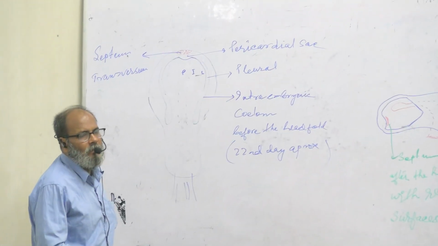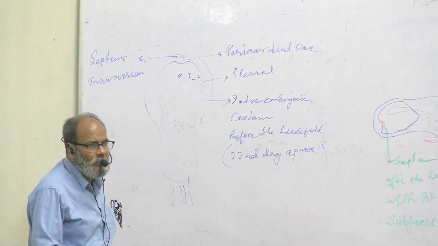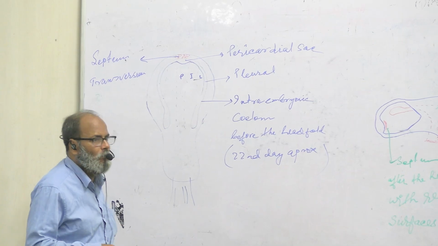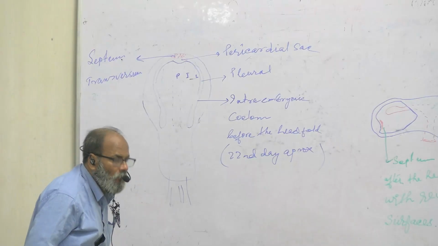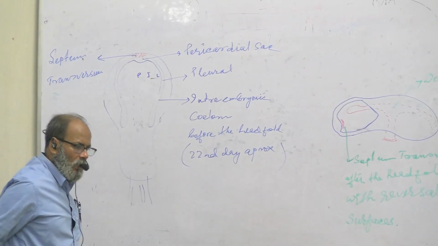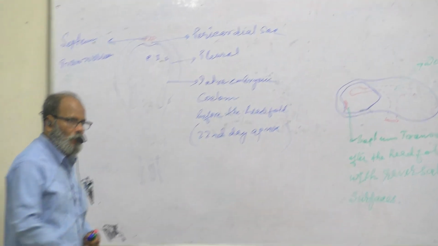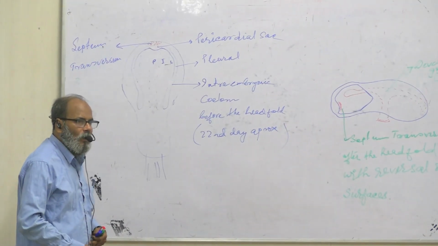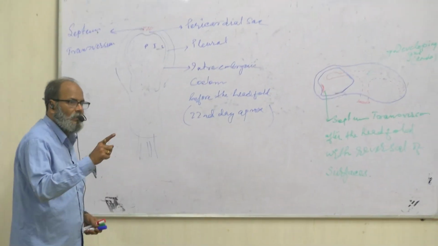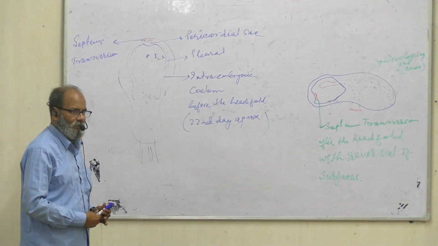What is umbilicus? Umbilicus is the meeting place of the 4 folds of the embryo. The head fold is coming, the tail fold is coming, and the lateral folds are coming. All these 4 folds are meeting at a place. That is umbilicus.